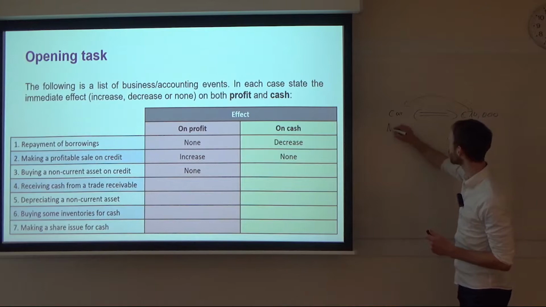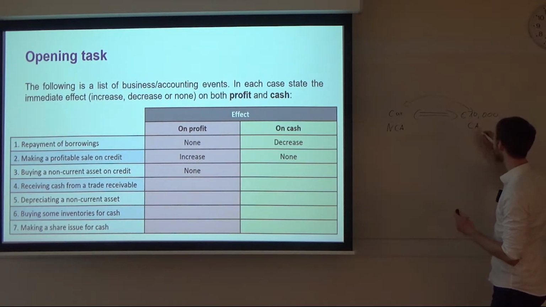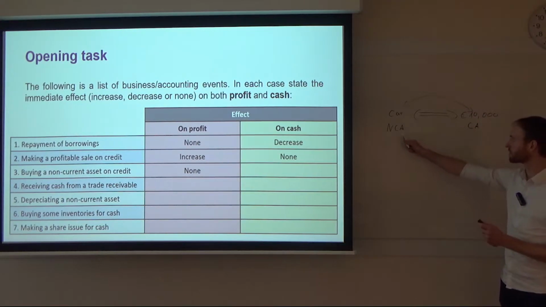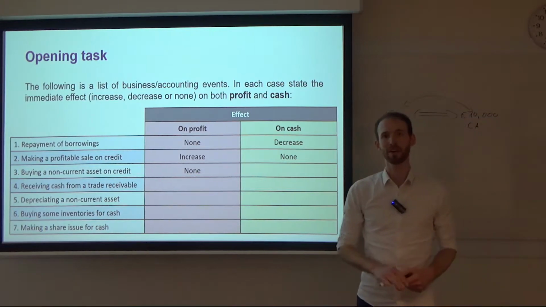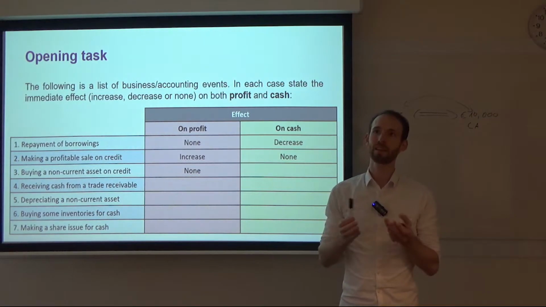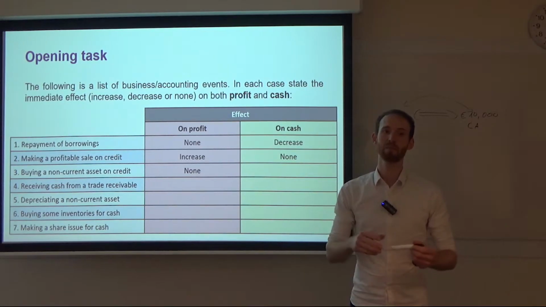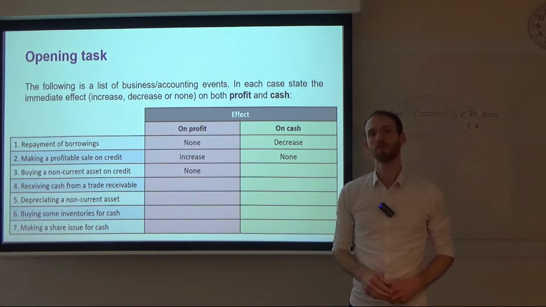This is a non-current asset, and the cash that you have is a current asset. So you just give away 10,000 euros to buy the car, which is a non-current asset. So you get the non-current asset, but you give away the current asset. But there's no, let's say, cost involved. You just receive exactly the same amount as the value of the car than you gave for the car.